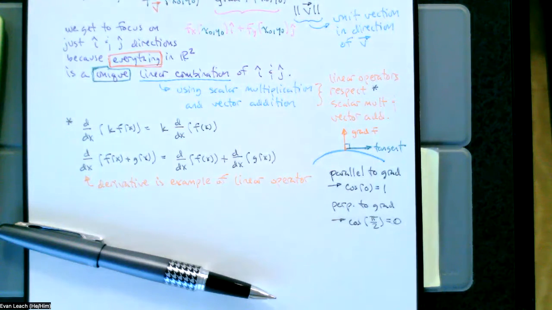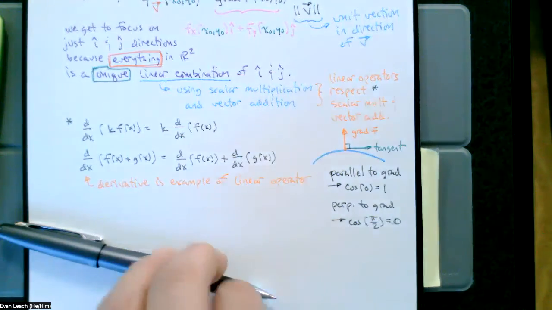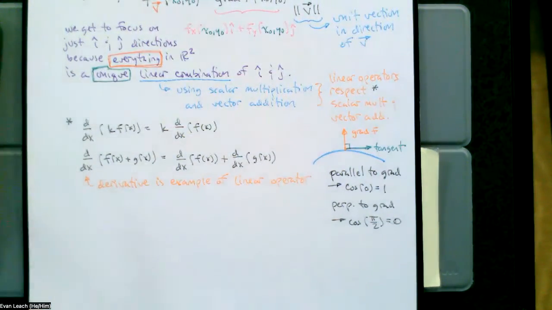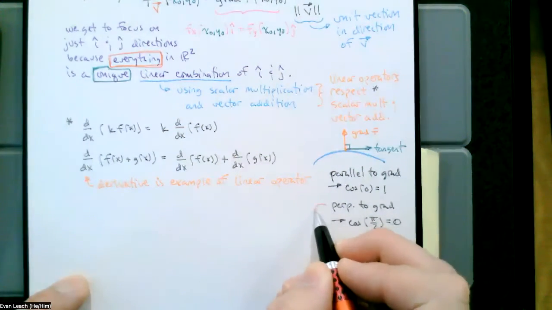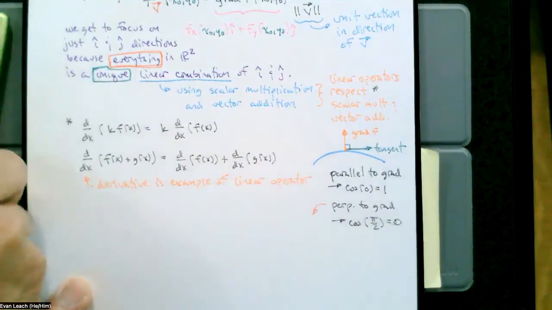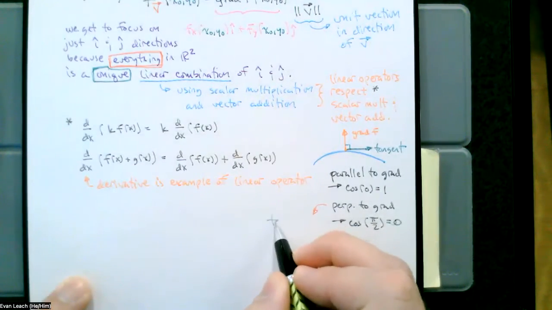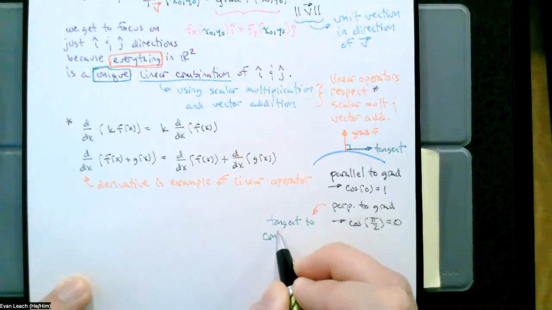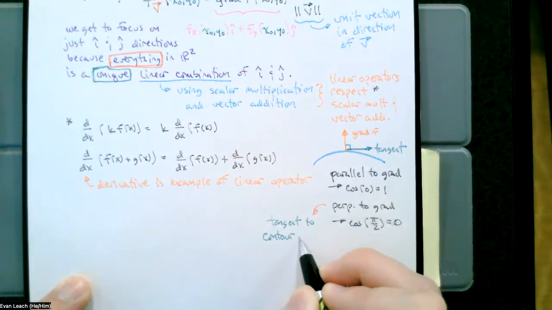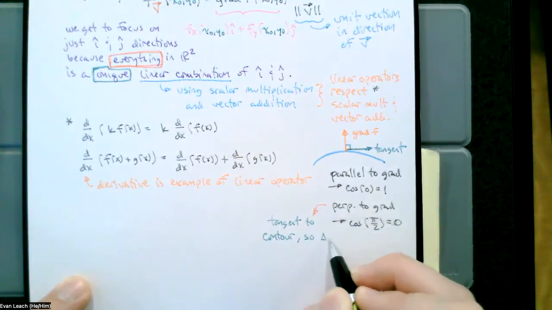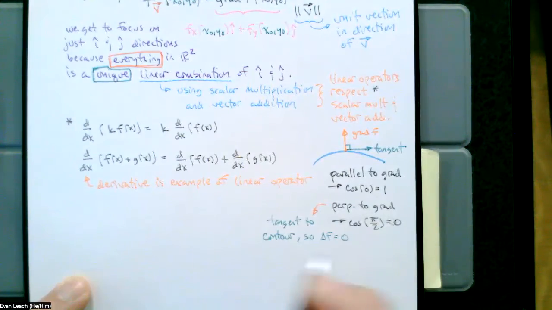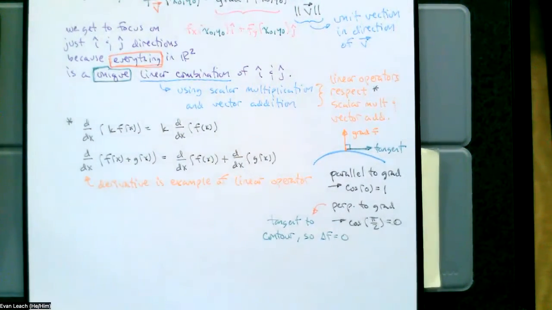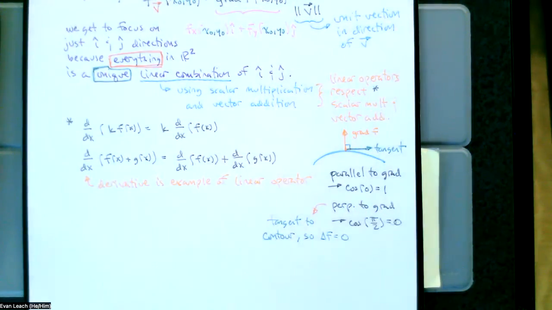We're going to be tangent to the contour, and that's where f is not changing. Oh, it was green. Tangent. Delta f equals 0 because the function is not changing.